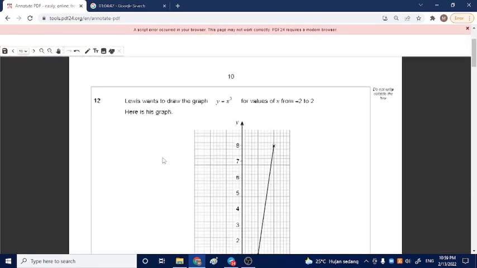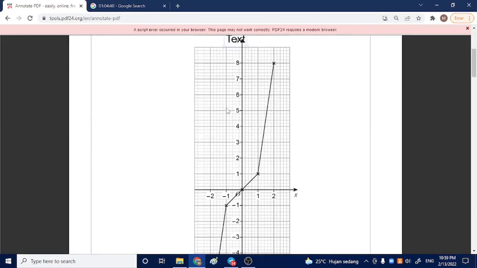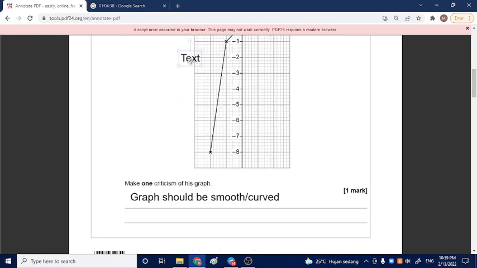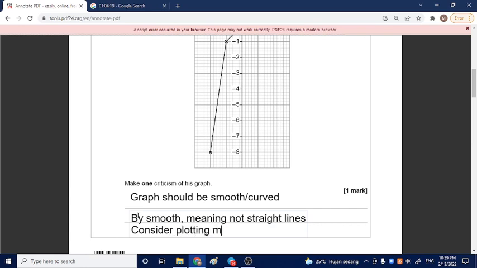What else? Maybe I should, by smooth, meaning not straight lines. Consider plotting more points to see the curved nature of the graph.